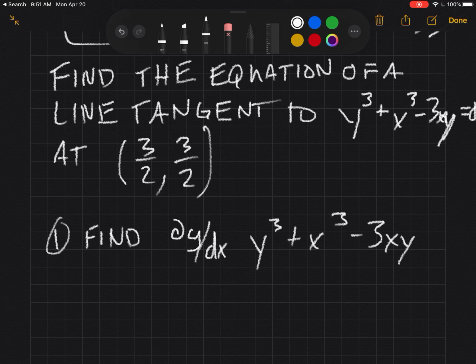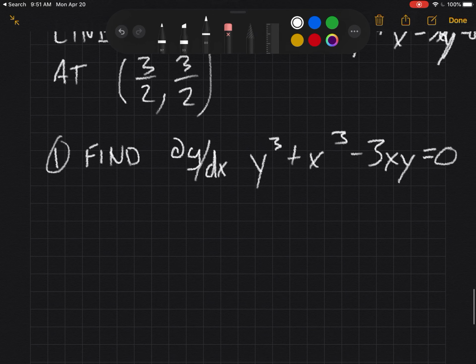So when we want to write the equation of a tangent line, the first thing we're going to need to do is find the derivative.